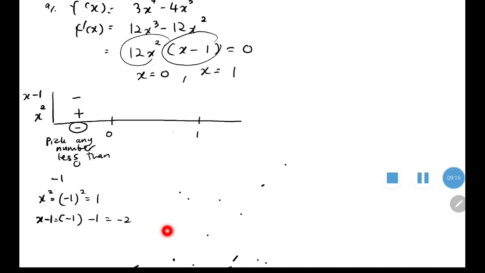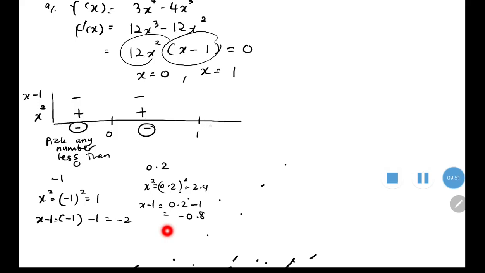Okay. Now in between 0 and 1, I want to pick the value of 0.2. Okay, so x squared, 0.2 squared is 0.04, and x minus 1 is 0.2 minus 1, which is minus 0.8. So this one is positive and this one is negative. Again, positive times negative, you will get negative.